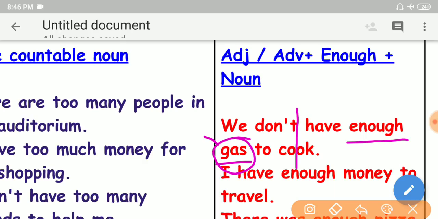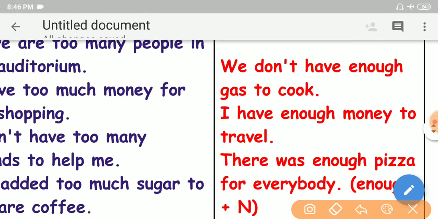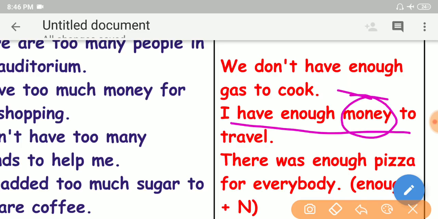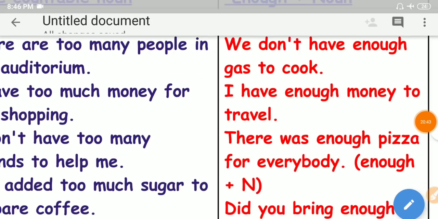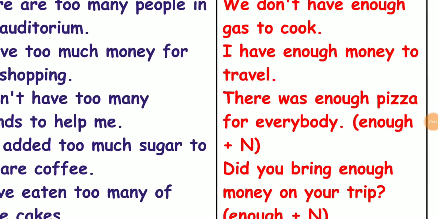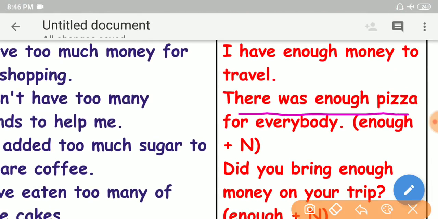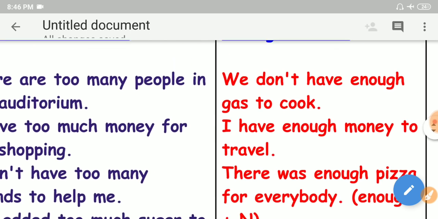Another example: I have enough money to travel. Money is a noun, before that "enough" is used. And: there was enough pizza for every day. Pizza is a noun, so "enough" is used to intensify a noun. That means "enough" can be used as an adjective, my dear friends.